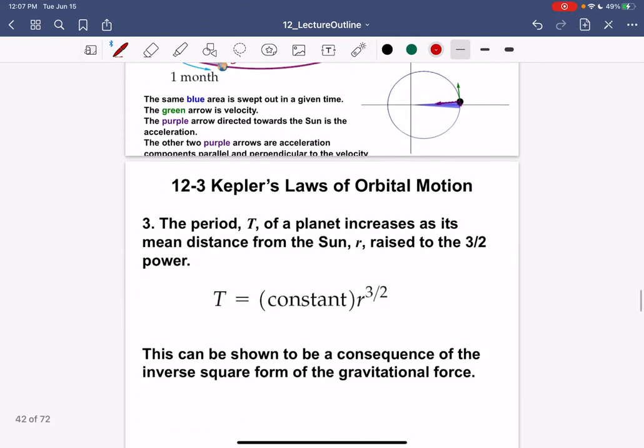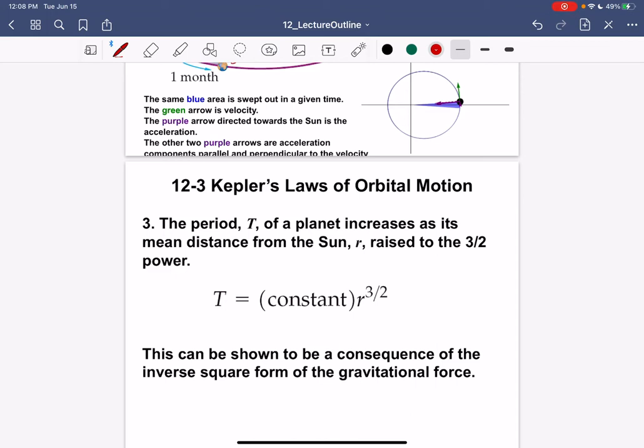The third law connects capital T, the period of the motion, which is the time needed for one cycle, with the average distance to the sun. It says T equals a constant times R to the power of 3 over 2.